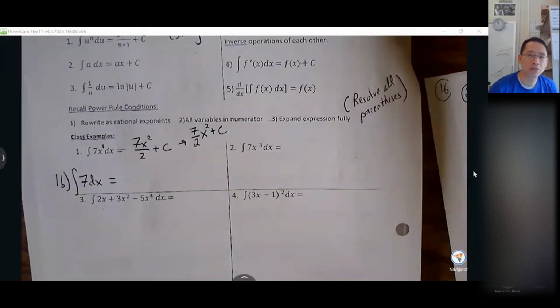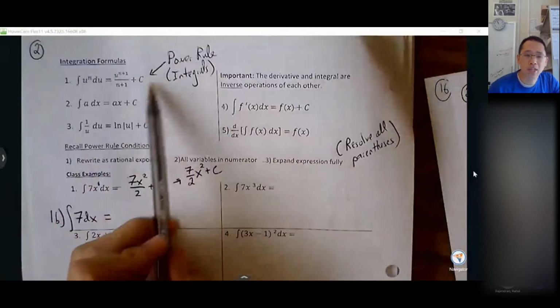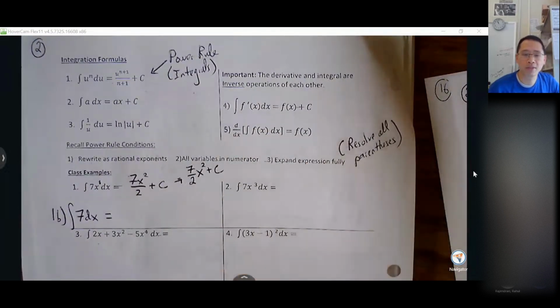X cubed becomes 3x squared. 4x to the 4th power becomes 16x to the 3rd power. Every degree is going to fall by 1. With integrals, all of your degrees are going to rise by 1. 2 becomes 3, 3 becomes 4, 4 becomes 5.